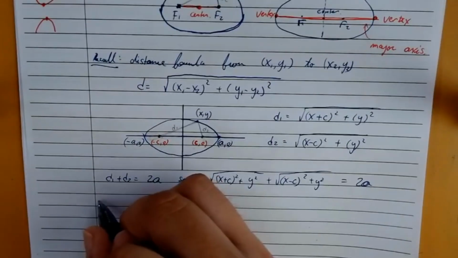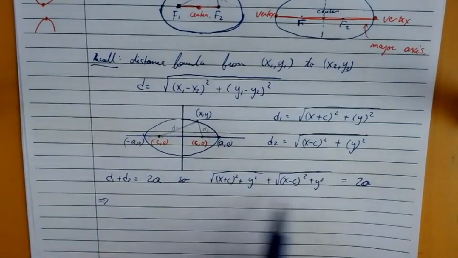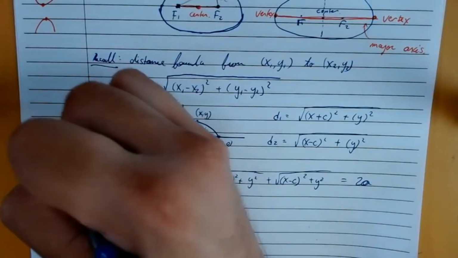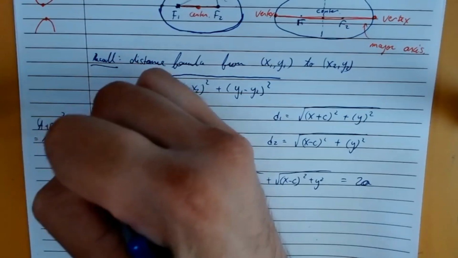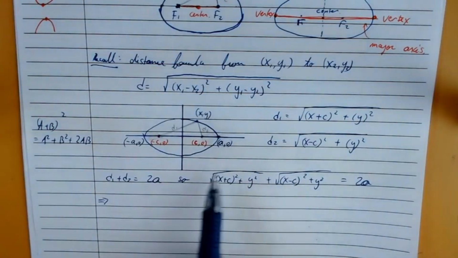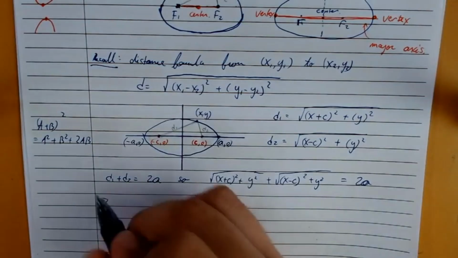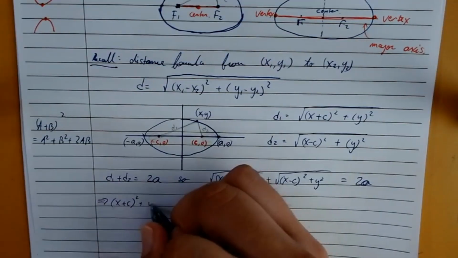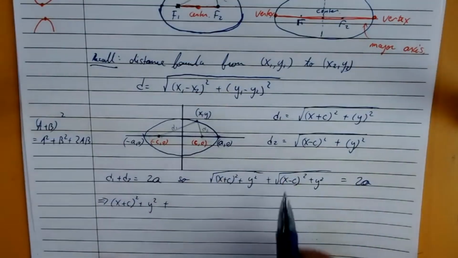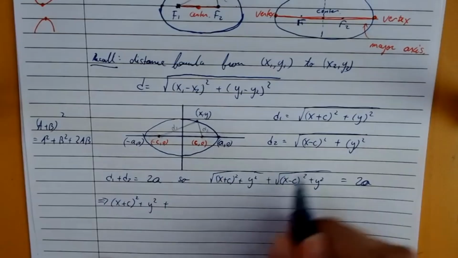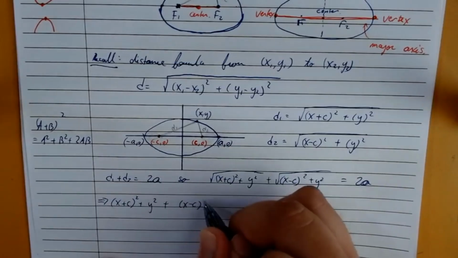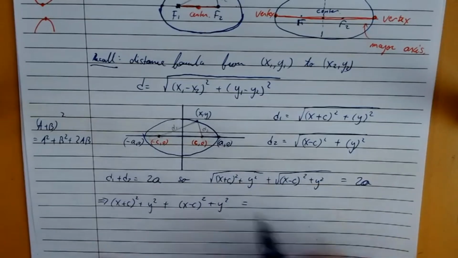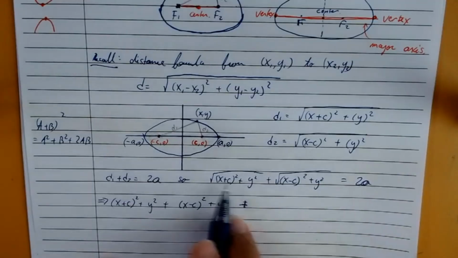Now we can square both sides. If you're squaring this, remember if you have something like a plus b and you square it, that gives you a squared plus b squared plus 2ab. So if I square this first part, that just gets rid of the square root. So x plus c squared plus y squared. And then if I square the second part, again, that's just going to get rid of the square root. That's going to be x minus c squared plus y squared, plus double the product of these two.